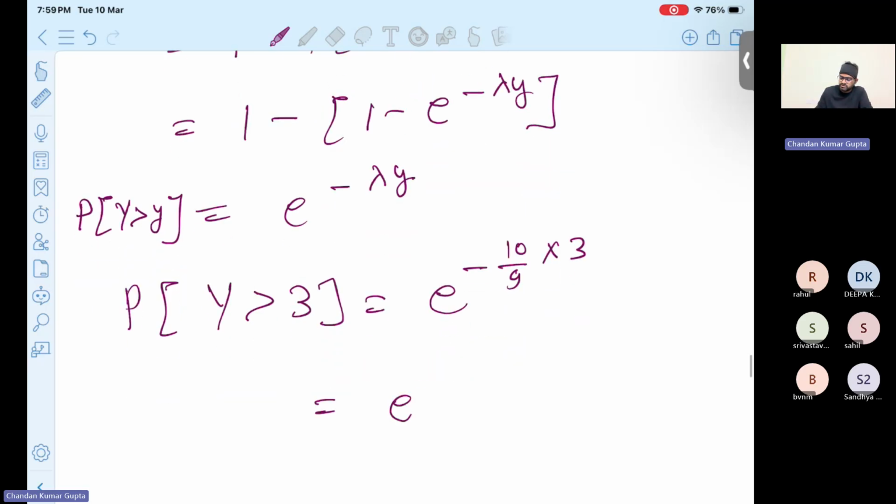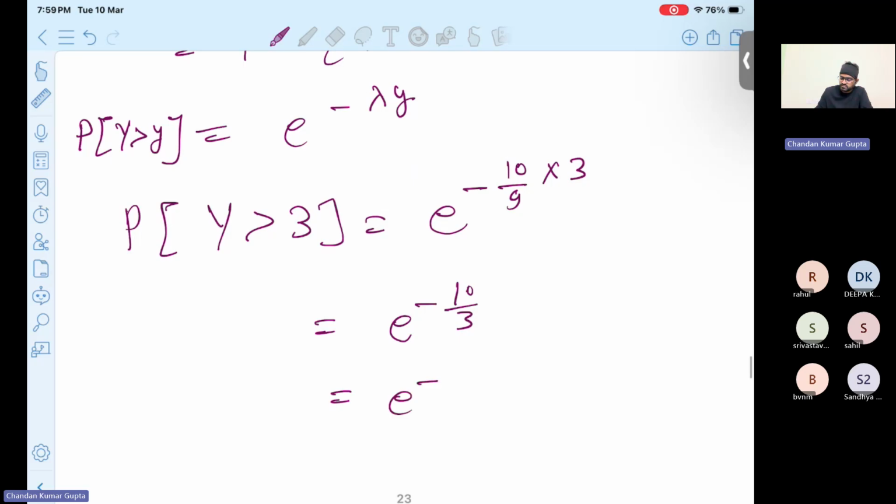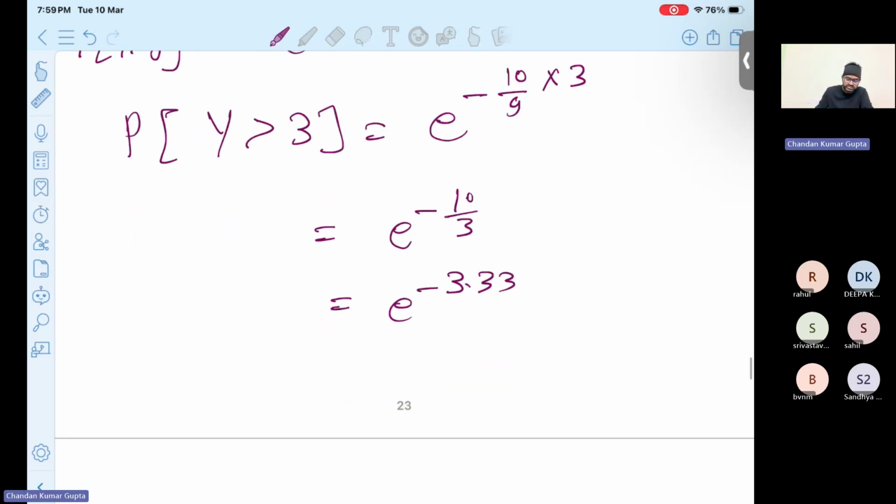So it is e to the power minus 10 by 3, which is e to the power minus 3.33.